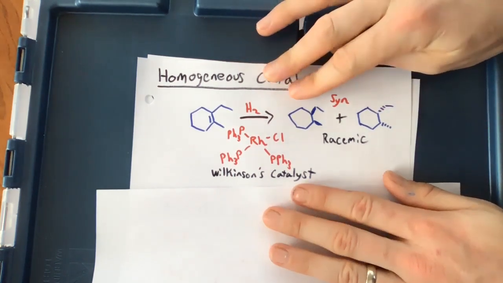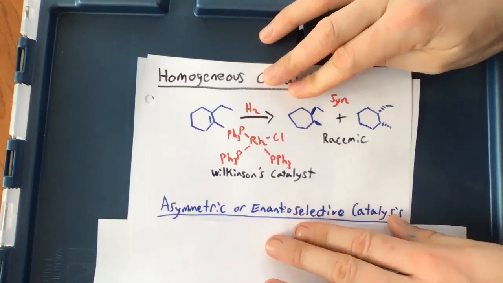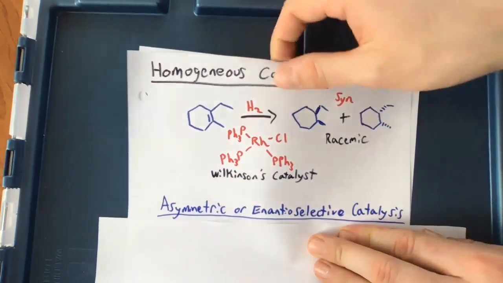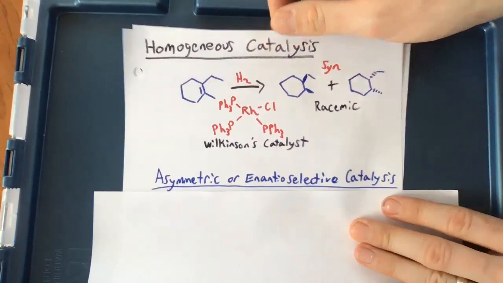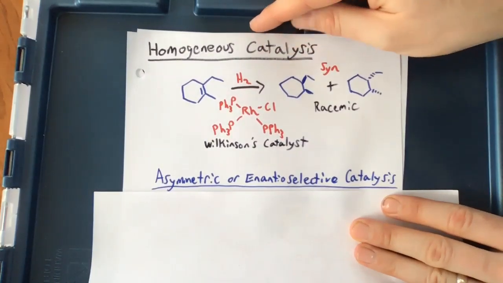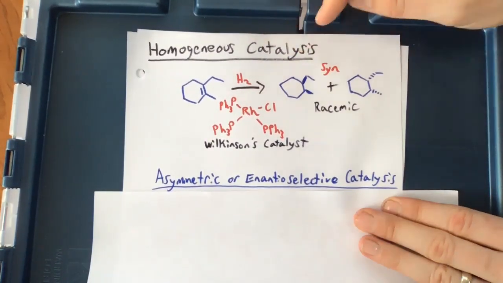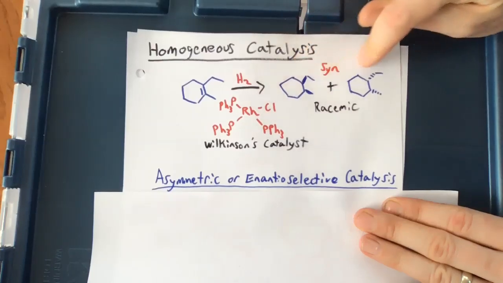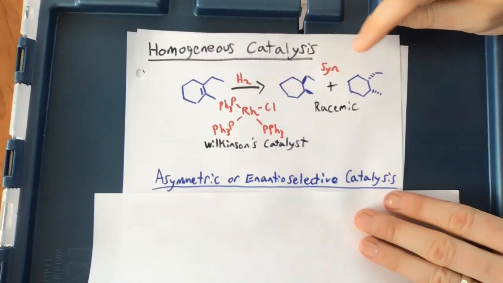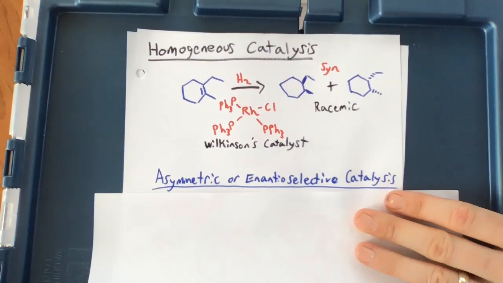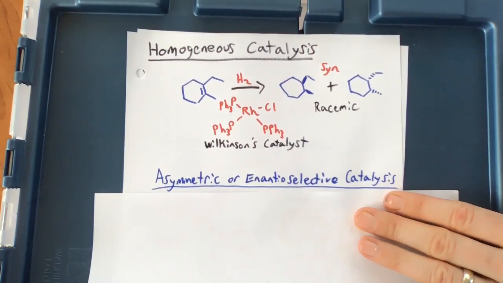For that, we would have to have what's called asymmetric or enantioselective catalysis to really be able to increase the selectivity for one enantiomer over another. This has been a fairly new part of chemistry in the past 40 or 50 years or so.